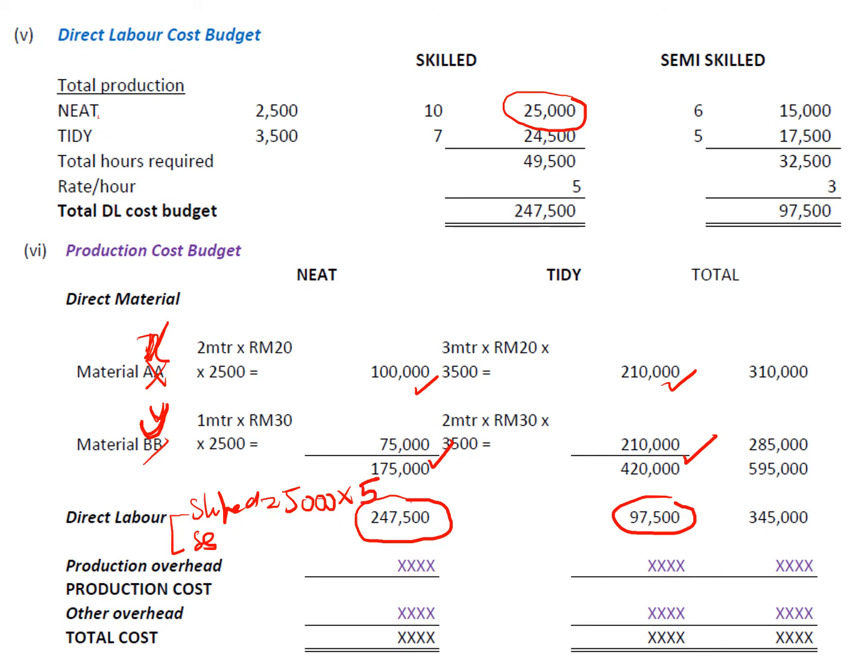Untuk semi-skill, need dia perlukan 15,000. So, darab dengan 3 jam. Macam tu. So, yang ni salah lah sebenarnya. So, dekat sini pun sama. Skill untuk tidy, dia perlukan 24,500 darab dengan 5. Next, dia perlukan 17,500 darab dengan 3. Macam ni.